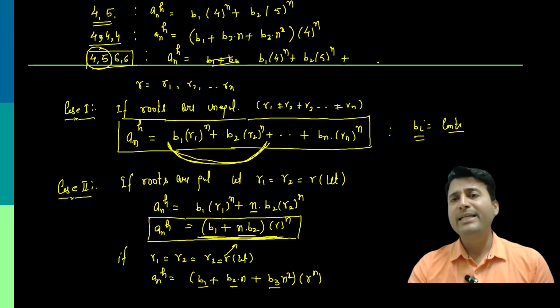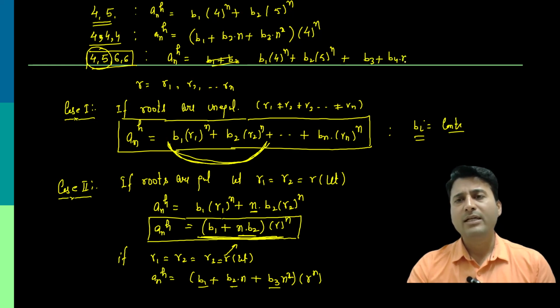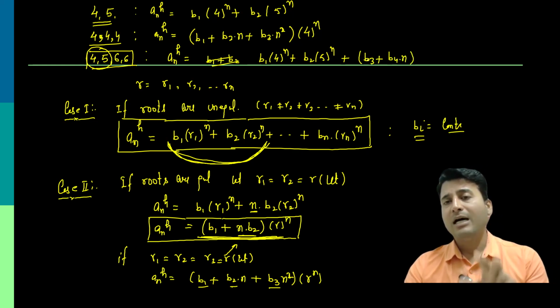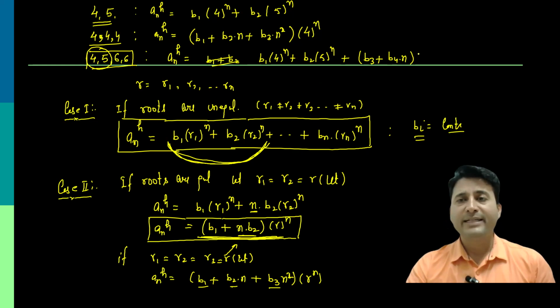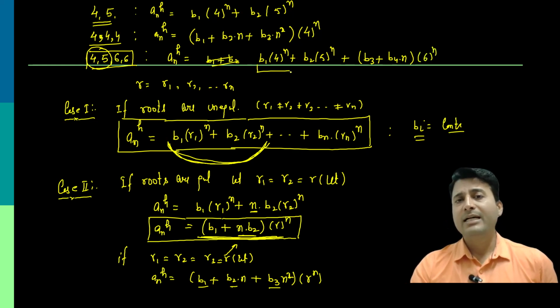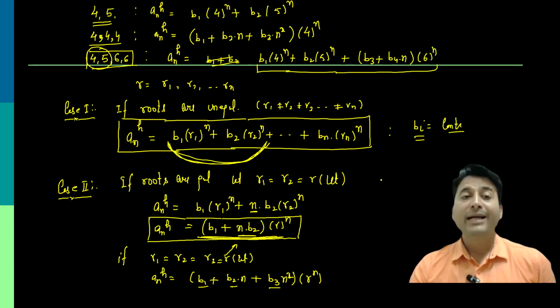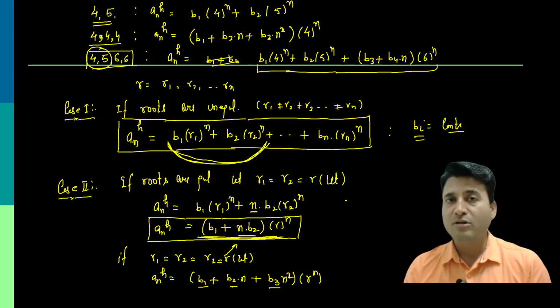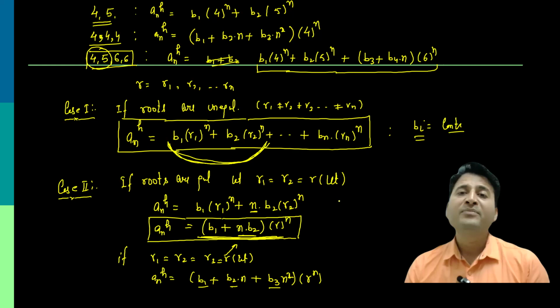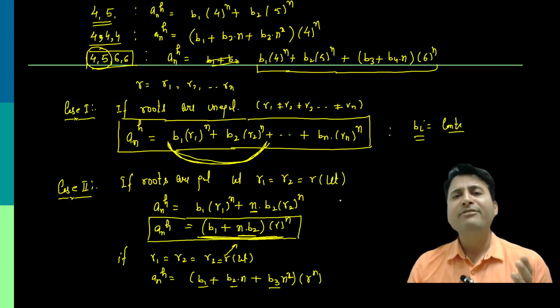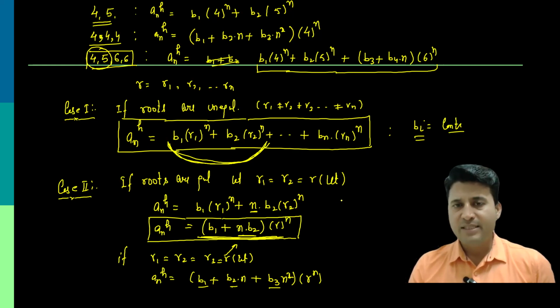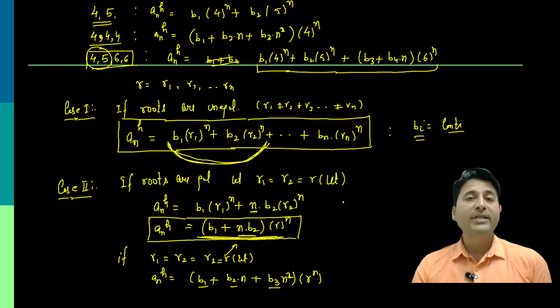Since b1, b2 are already used, we'll use b3 and b4. Do remember, the arbitrary constants should not be repeated, into 6 power n. So this is the final homogeneous solution for this recurrence relation. If conditions are given, we can find the values of these arbitrary constants too. I hope you understand the concept.